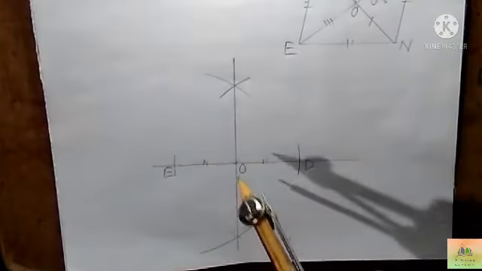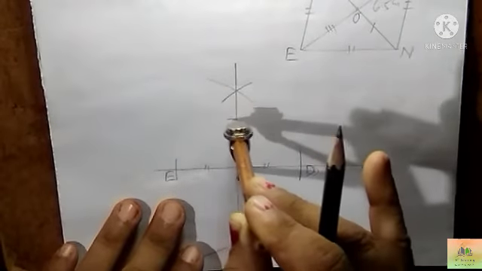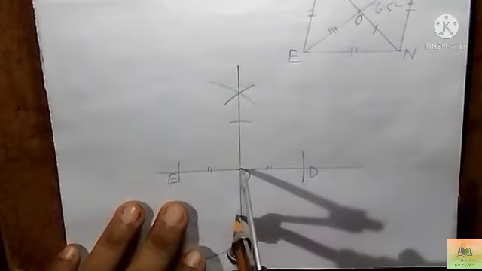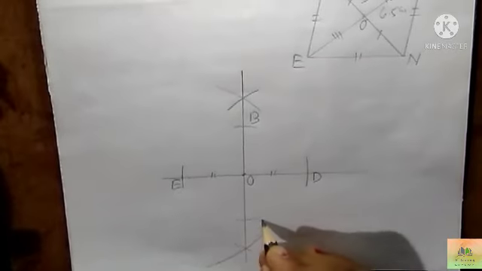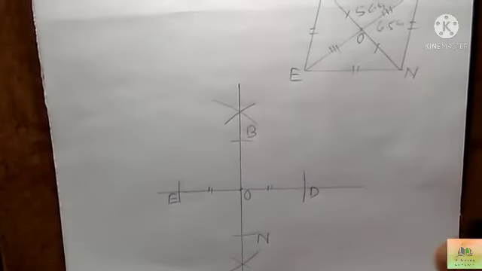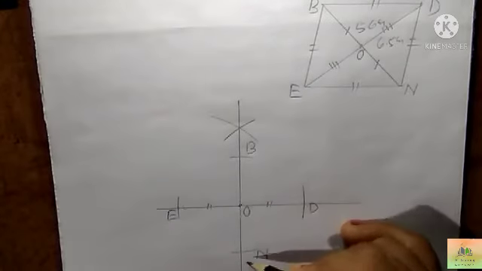At the center O, we draw the arc with radius 2.8 on both sides. Okay, this is B and this is the N point. So now we know the E point, B point, D point, and N point.